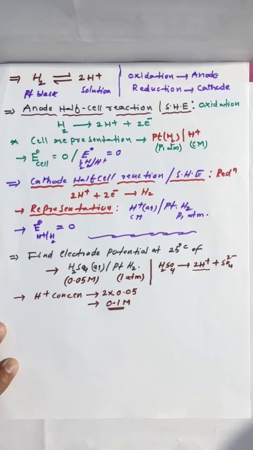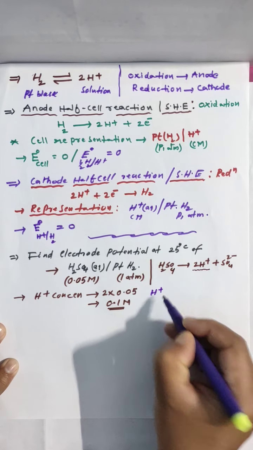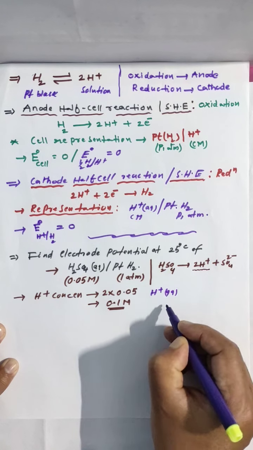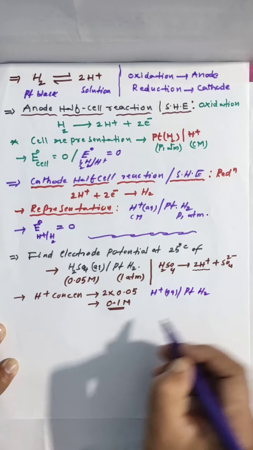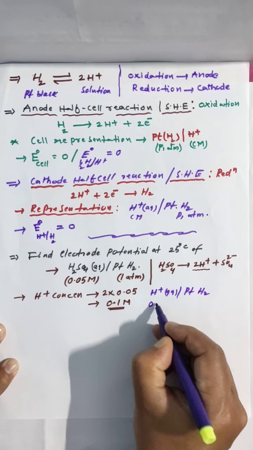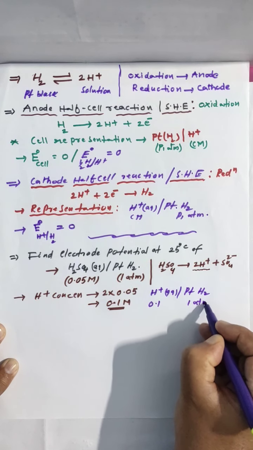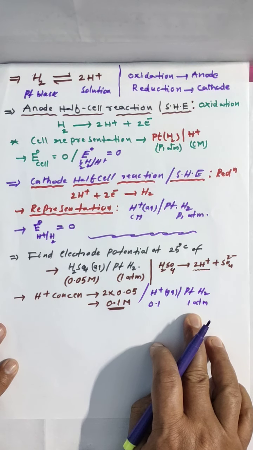So the reaction, one more time I am writing. H plus concentration 0.1 aqueous | platinum, H2 gas at 1 atm pressure. This is the cell.